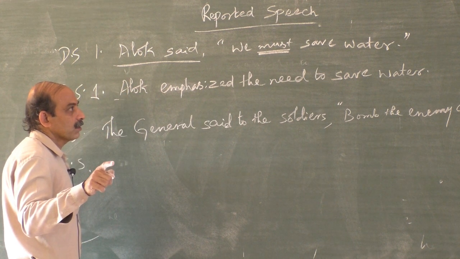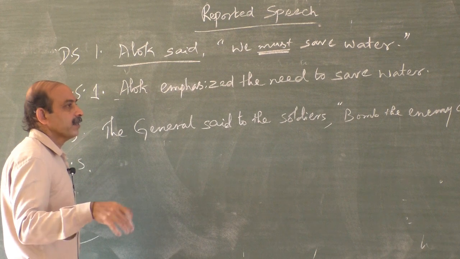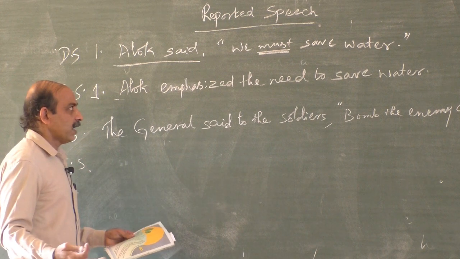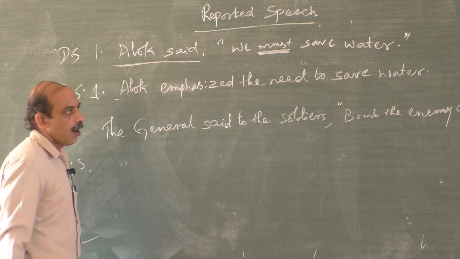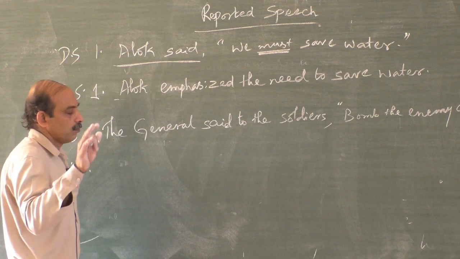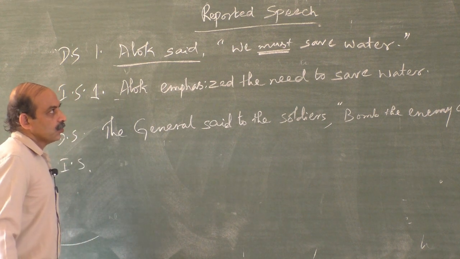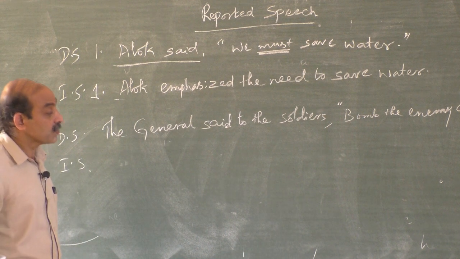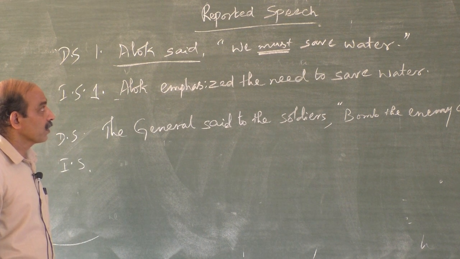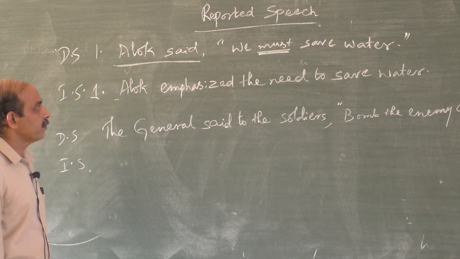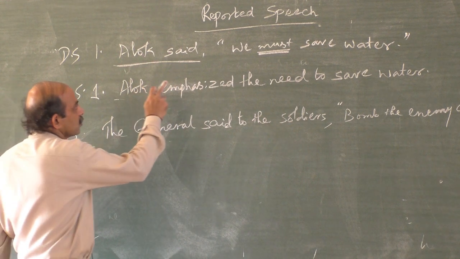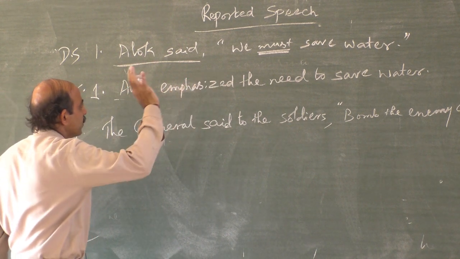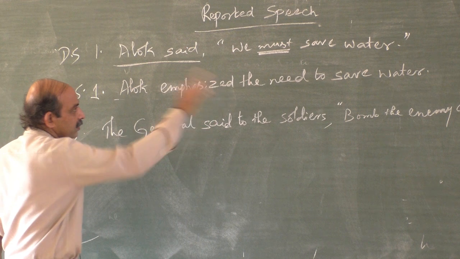"They" means human beings, all of us, so we cannot say only a certain group of people has to save water. Instead, all human beings need to save water. It is not possible for us to say "Alok said that," and so on. Instead, "Alok emphasized the need to save water."